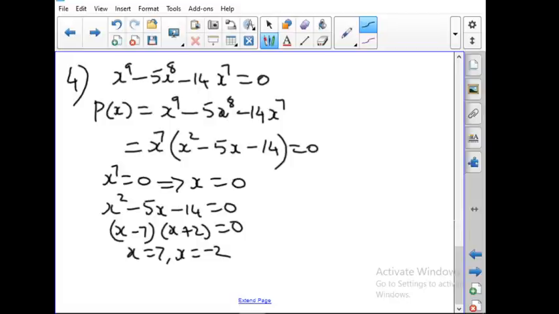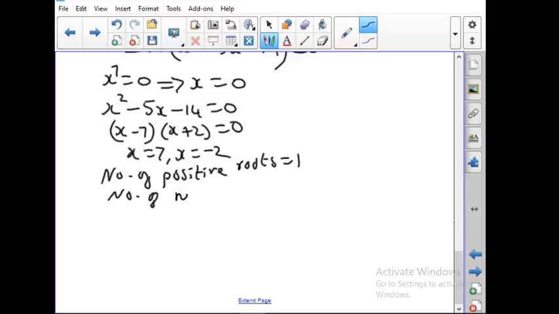So here we have one root as 0, and the number of positive roots is equal to 1 and the number of negative roots is also 1. Minus 2 is the negative root and 7 is the positive root.